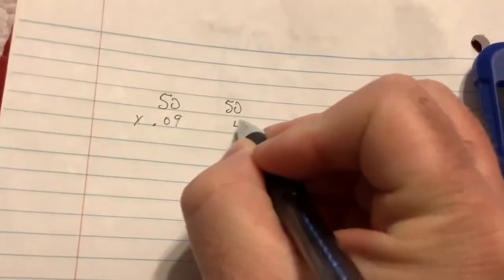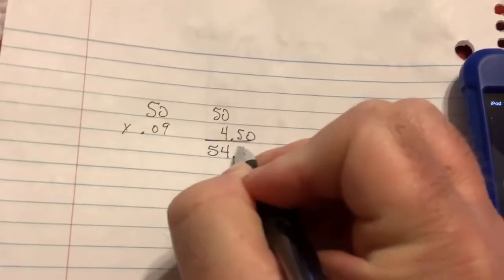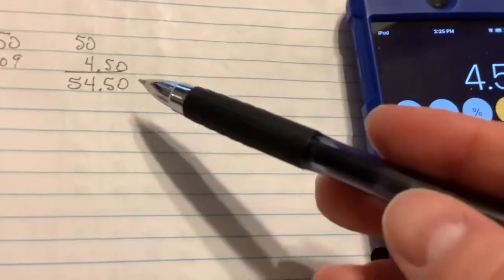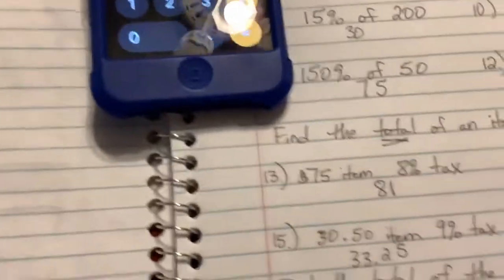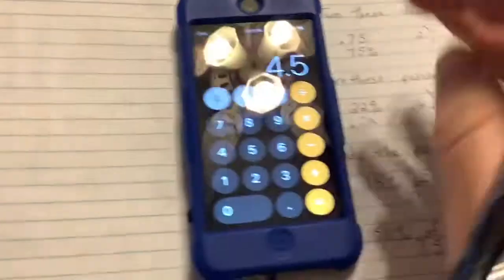So our tax was $4.50. So now our meal is $54.50. That's what we have to pay to even leave the restaurant, so that we don't have to wash dishes. That's what we owe with tax. We have to pay that. But now we're going to tip 15% off of that. So we're going to take this $54.50 and multiply it times 15%.